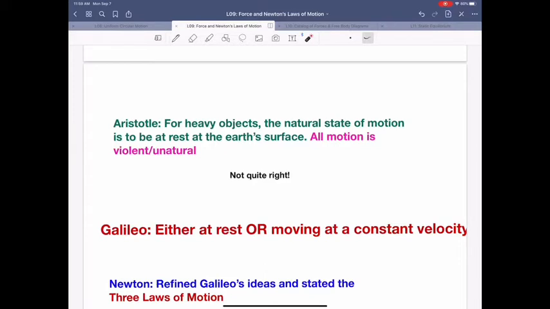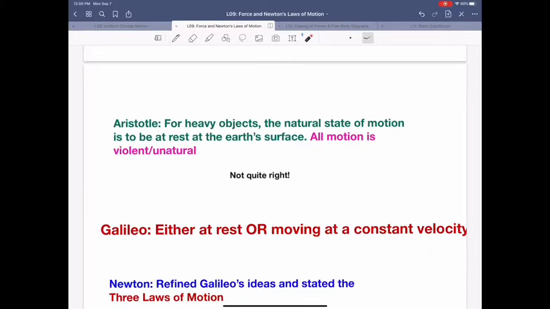I use the words heavy objects because Aristotle also tried to explain why you observe smoke particles rising, and he had to explain why those particles rise while other heavier objects fall to the earth and come to rest. So as far as heavy objects are concerned, he argued that the natural state of motion is to be at rest on the earth's surface.